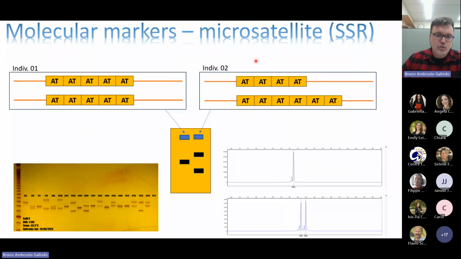This animal has 1, 2, 3, 4 repetitions in one chromosome and 6 repetitions on the homologous chromosome. So when we see the outcome, we will see one band for this animal and 2 bands for this animal. And the visualization of the genotype can be done in acrylamide gel, but nowadays we do it in sequencers.